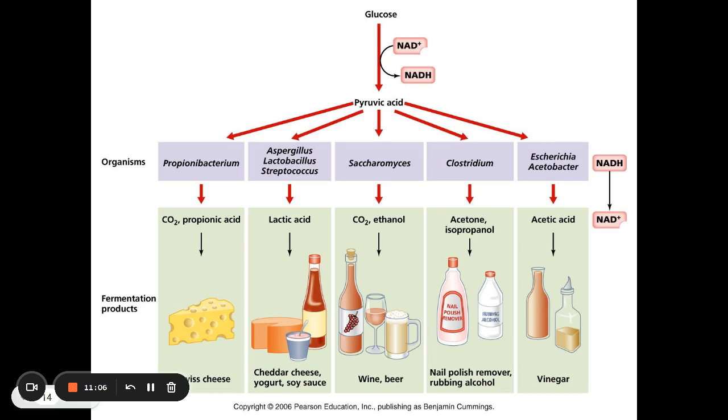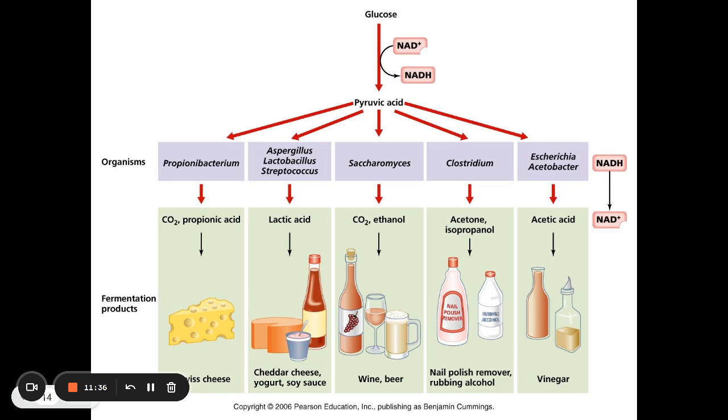Certain types of cheese, like Swiss cheese, is made through fermentation because certain bacteria are producing carbon dioxide in the culture, and that's what produces the holes in Swiss cheese. Things like yogurt, soy sauce are fermented products that the bacteria that are mixed with them go through this process of anaerobic respiration.